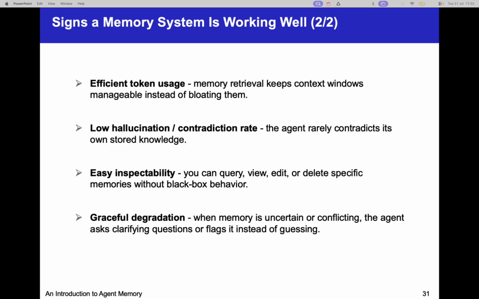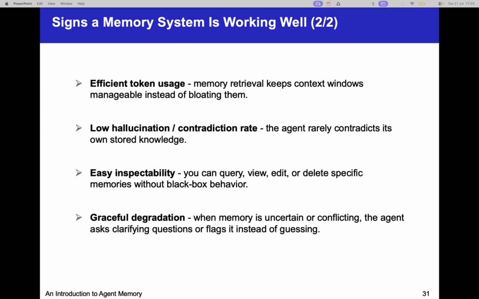Efficient token usage is another one. You can burn a lot of tokens if you just feed your entire memory base to your agent again. Low hallucination. If you read through this, it reads pretty much like how to tell whether your context window has gone bad. It's very, very similar. And easy inspectability, that's really important. You need to be able to look into your memory system.